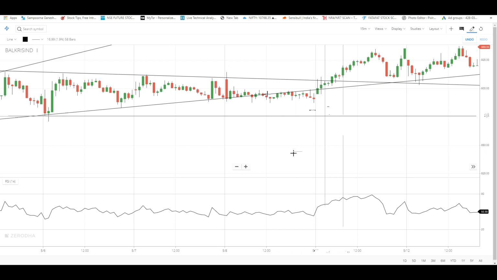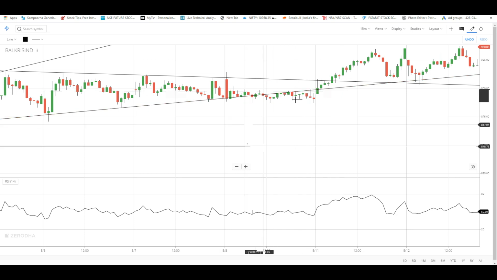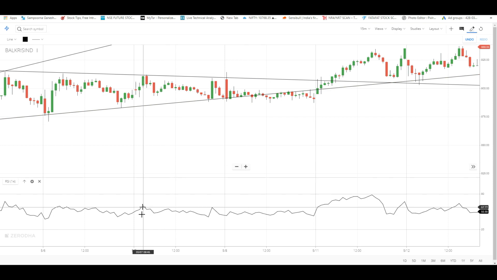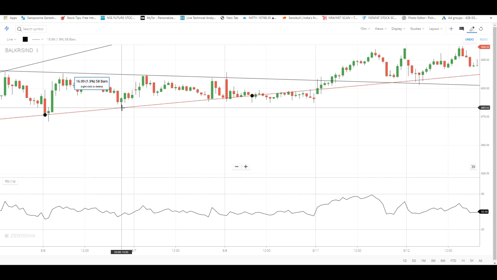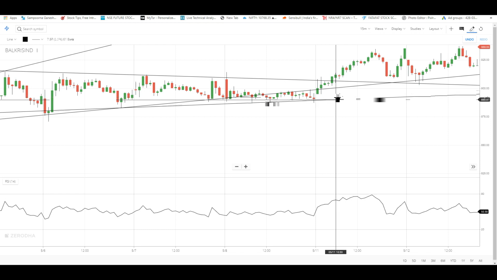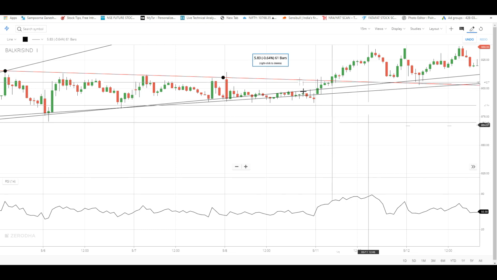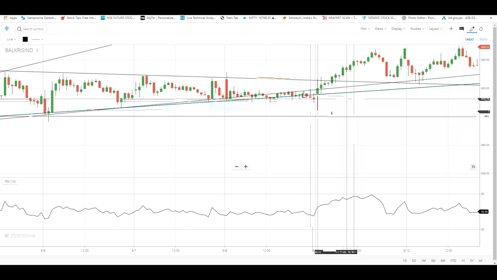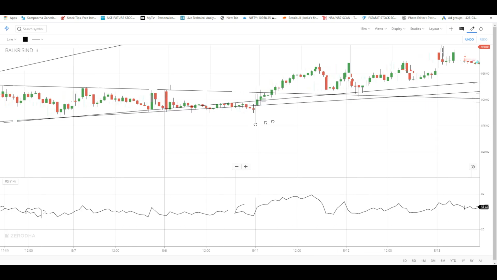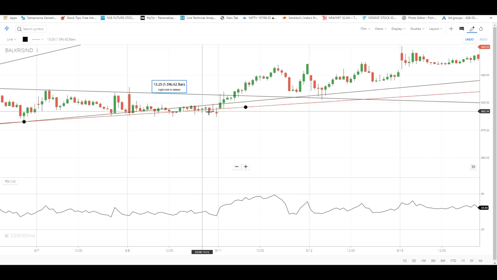Here it was a false breakout somewhere, but if we connect these swing lows here, we would get a different channel altogether. It tried to break down here, however it was a false signal. If you would have got a breakout here, probably my SL would have hit.